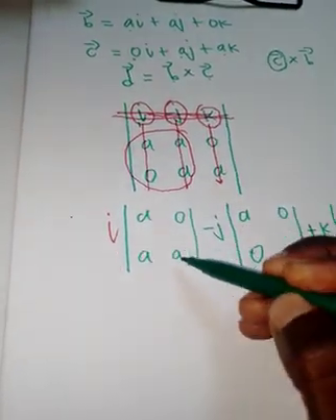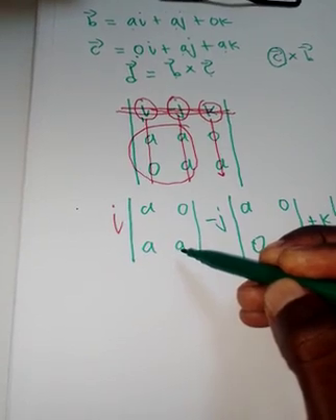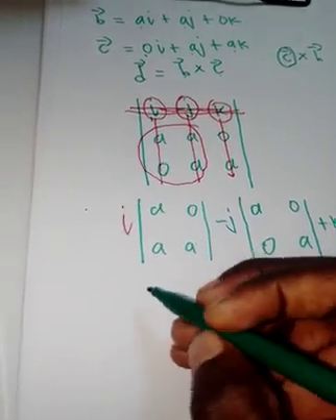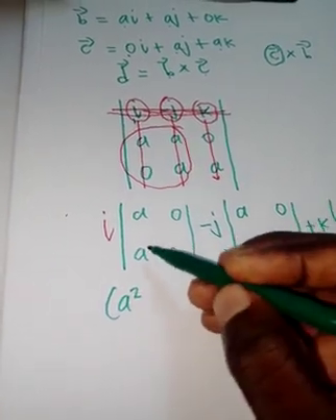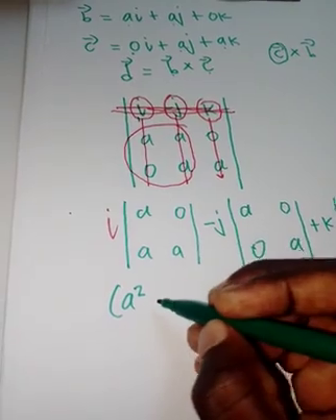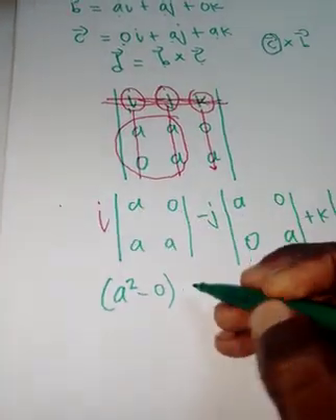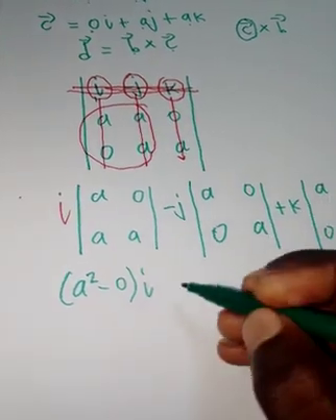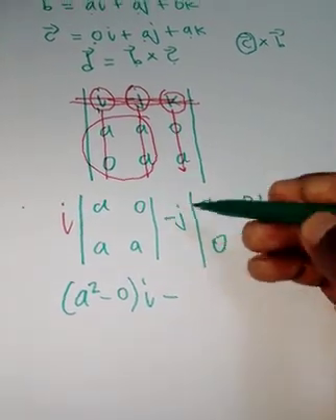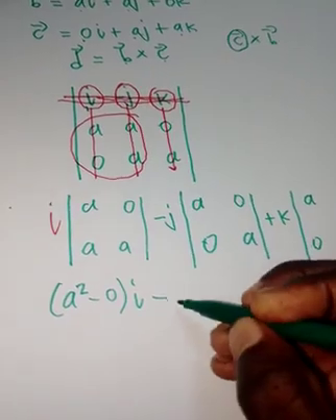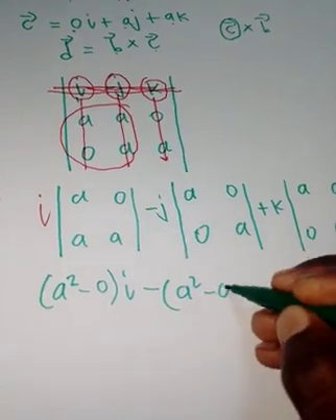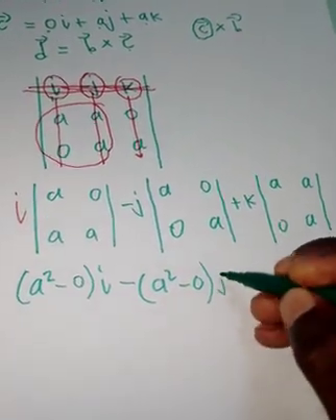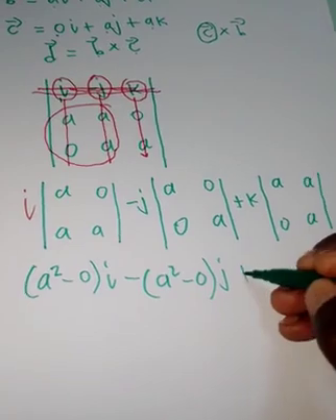A times A will give us A squared. Then A times 0, that's 0, so minus 0. Then you bring your i like that. Minus this sign there. A times A, that's A squared, minus 0. You bring your j there, the sign there plus.